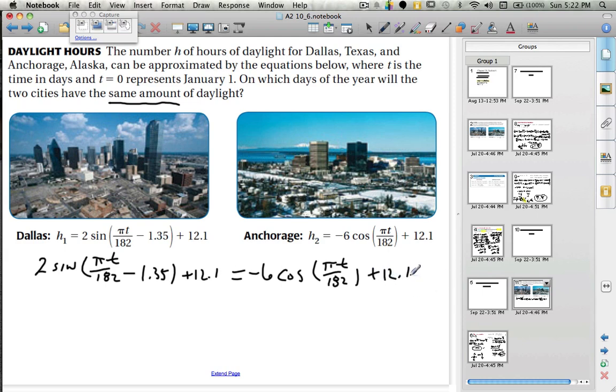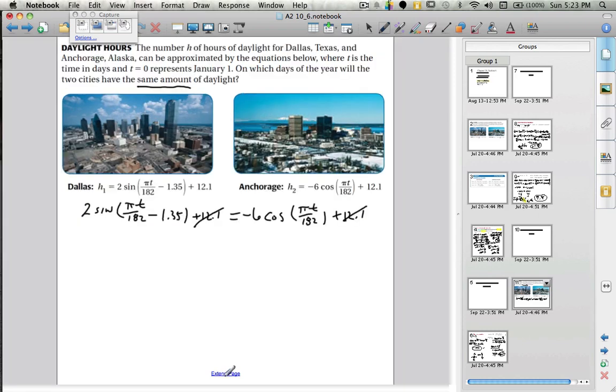Okay, that's interesting. So right off the bat, I can see I have 12.1 on either side of the equation. If I subtract 12.1 from either side, I'm going to get that. Okay, that's good. The next thing I can do is I can divide everything by 2, and that will become negative 3.